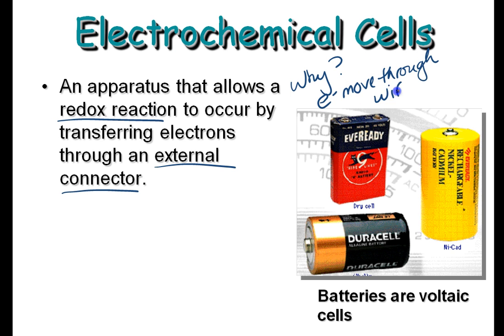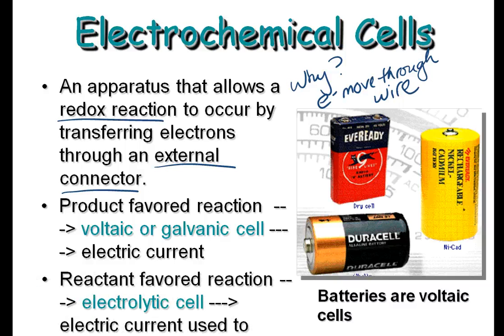And it is by having those electrons move through a wire that you have the electrons moving from low energy to high energy. That will produce a current, and that current will then allow the electrons to flow and can be directed through a device, or a motor, a light bulb, a fan, multiple different things that we need in order for it to do work.